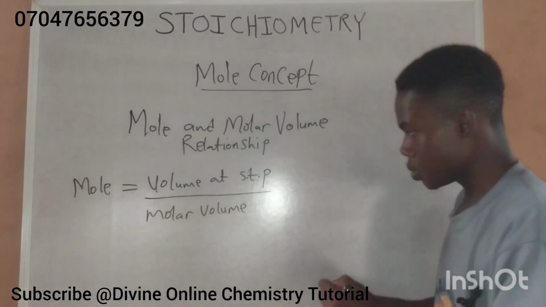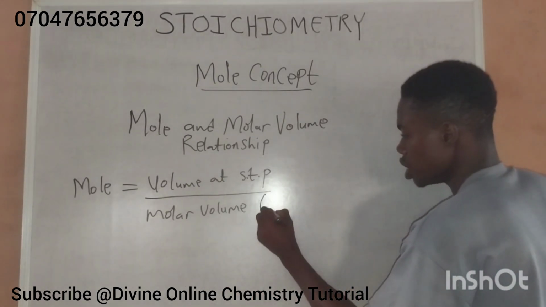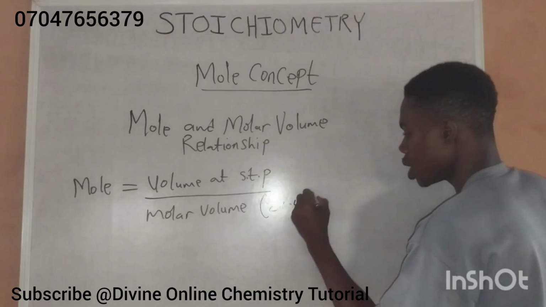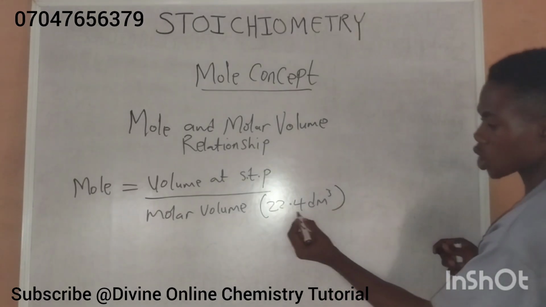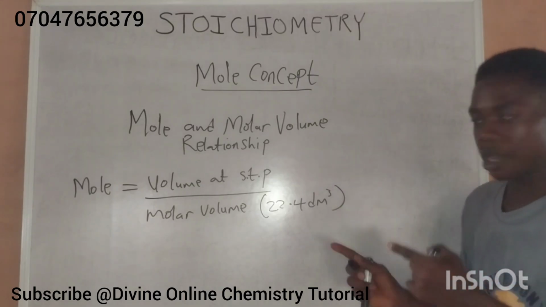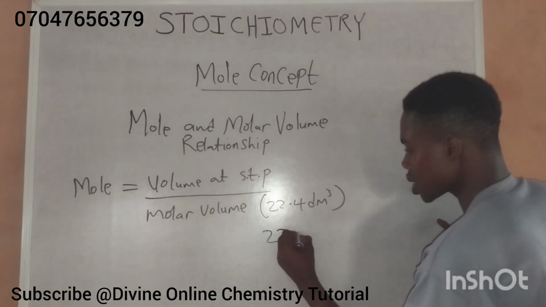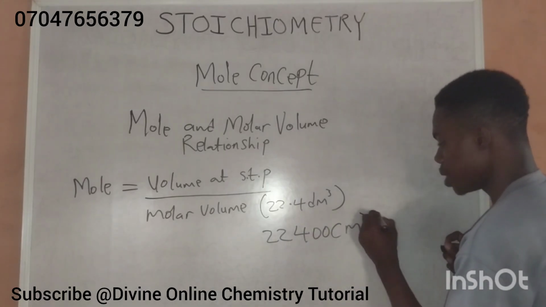Now this molar volume has a value, and the value is 22.4 dm cube. In dm cube, the value is 22.4. But in cm cube, it is 22,400 cm cube.